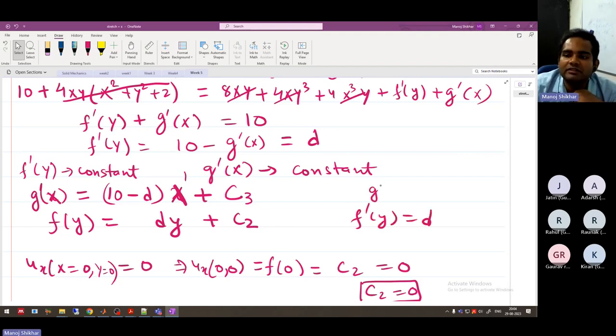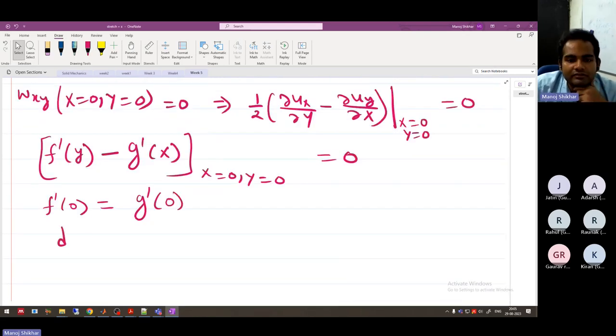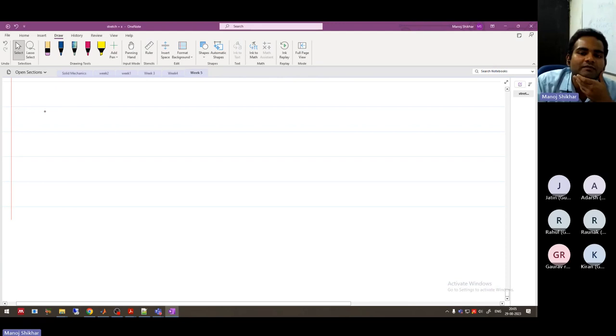From here you are getting g prime x equal to 10 minus d, which we already had here. So f prime 0 will be d, and this will be equal to 10 minus d. This means d equal to 10 by 2, which means 5.